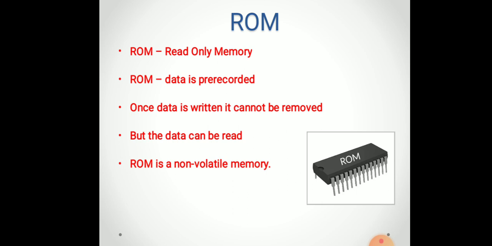ROM is a non-volatile memory. We have seen RAM is a volatile memory, so ROM is non-volatile. It means that it can retain the stored information even when the power is switched off.